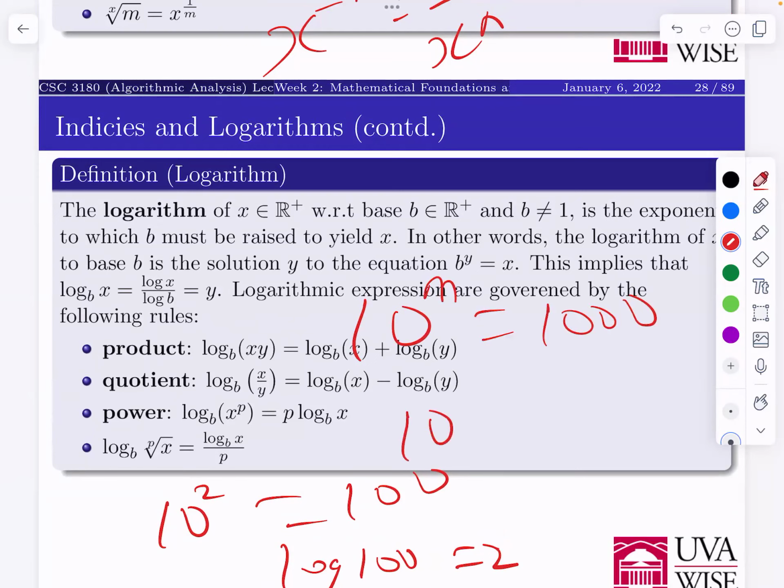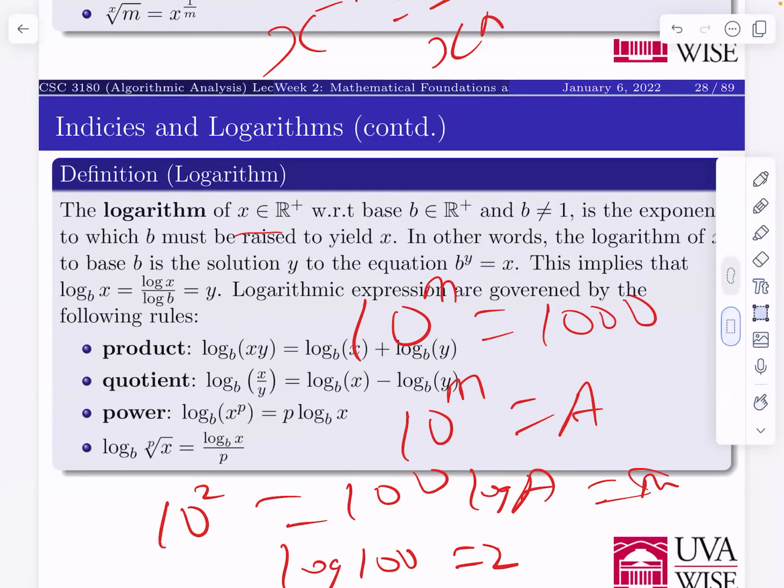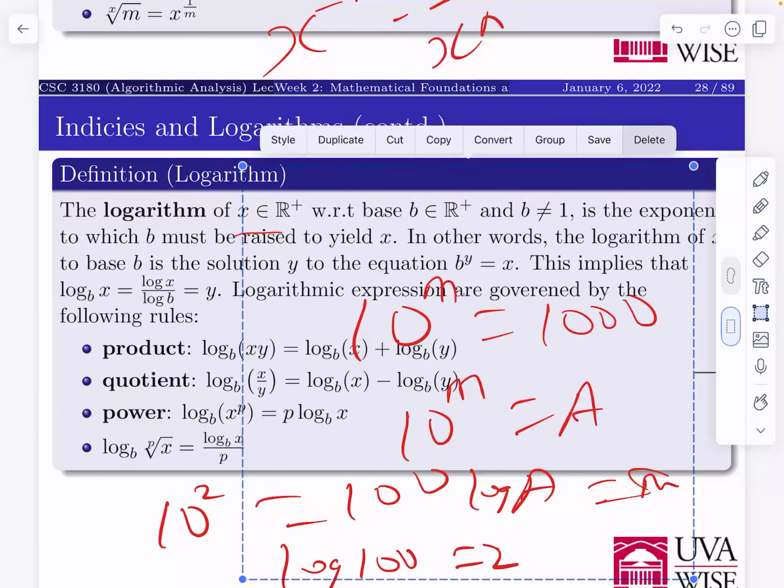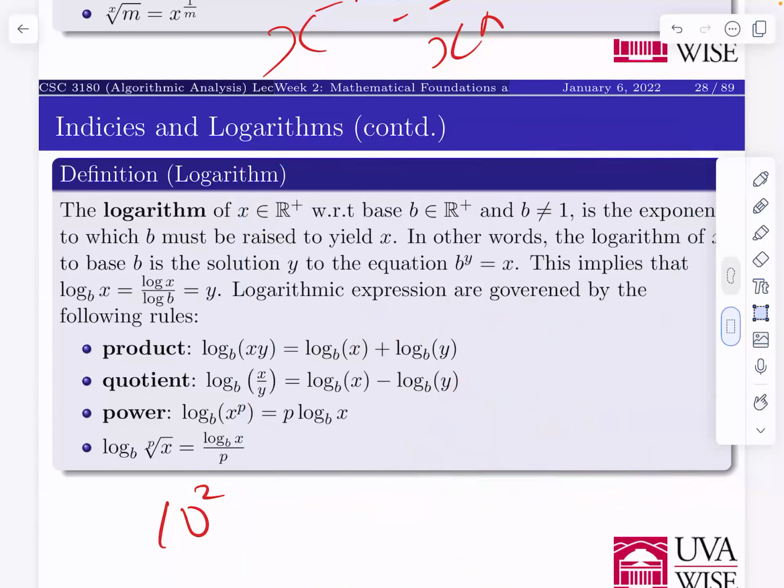If I raise 10 to the power m to get a, then the log of a is the power, and 10 is the base. So the logarithm of a number with respect to the base, the logarithm of the number with respect to the base.